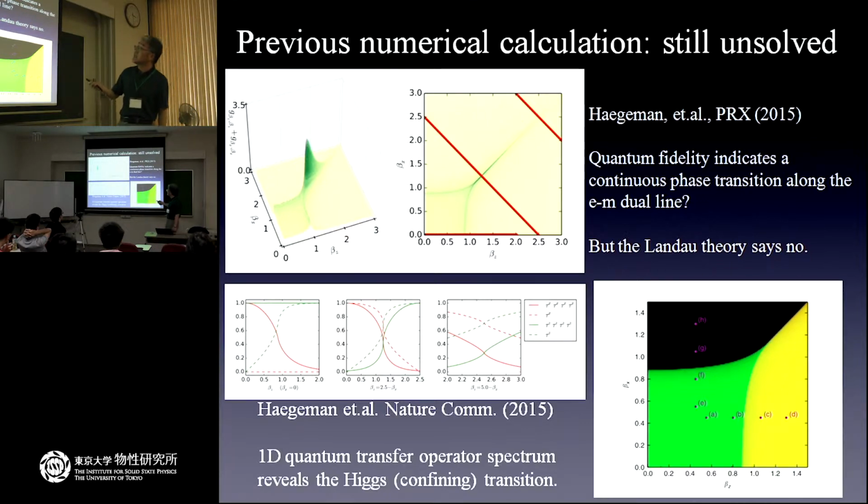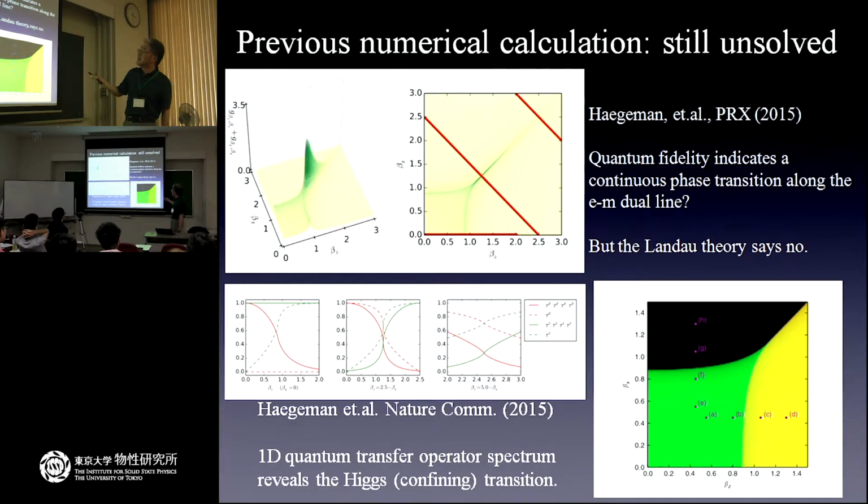You can see here clearly, they see there's a continuous phase transition, and also along this vertical line, they notice there is a continuous phase transition along this electromagnetic dual line. However, as I said, both phases along these two lines are topologically trivial.